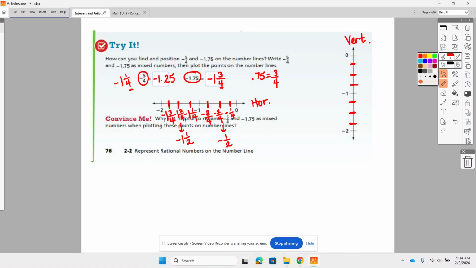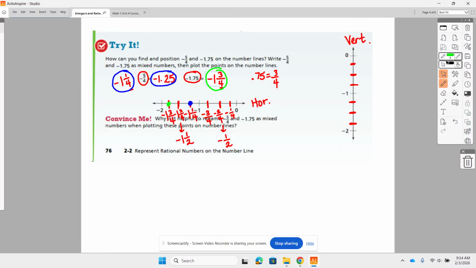Okay, so let me change colors here. -1.25 or -1 1/4 would be right here. And let me use green here. -1 3/4 would be right here.